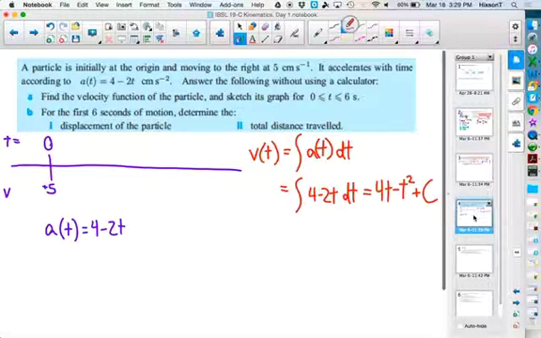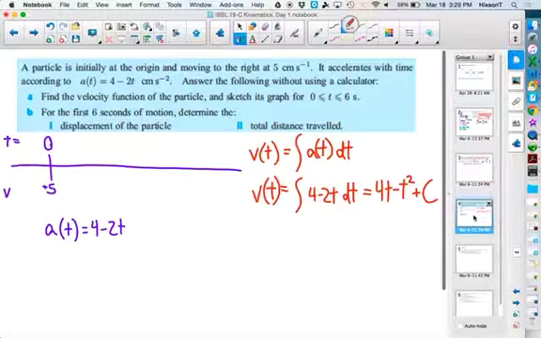What point are we going to plug in, if this is our velocity? We know the velocity is 5.